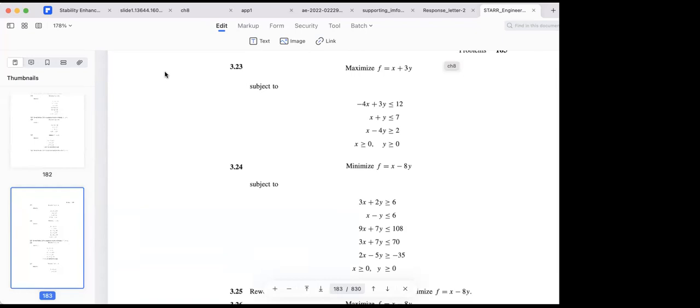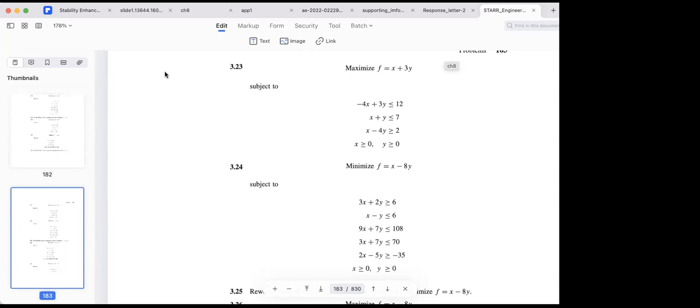Or you can try solving it using the dual simplex method. And for the second problem, again, the first constraint is a problem, right?